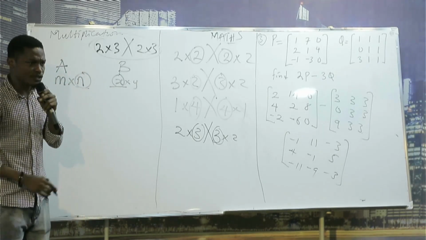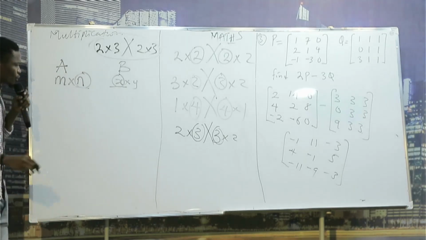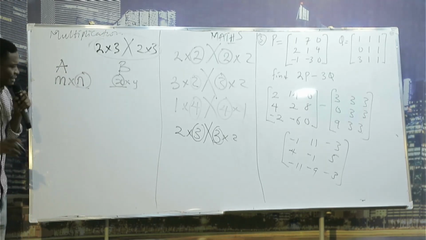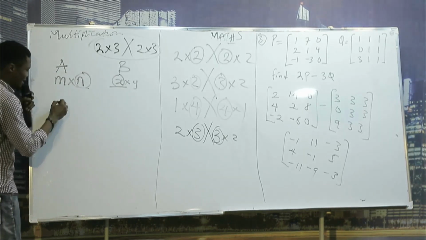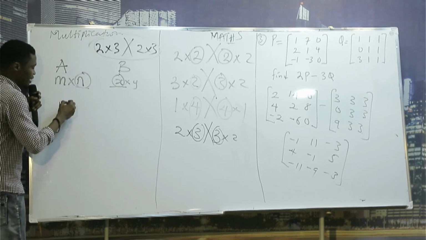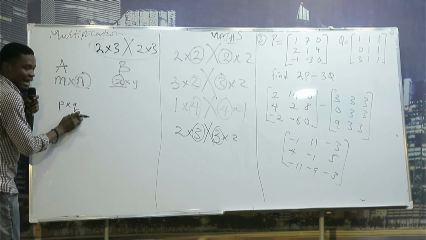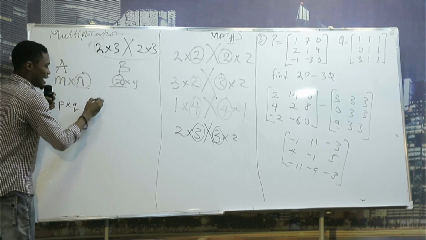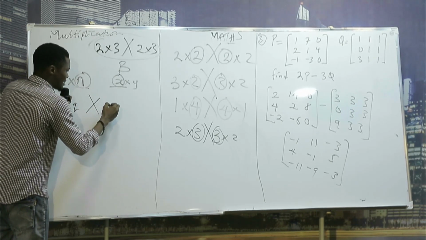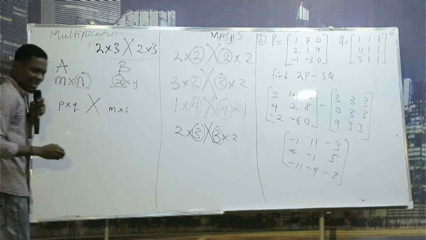I have seen a JAMB question, I think in 2019 or so, where they said, two matrices, the first one has an order P by Q. The second one has an order, I think M by S, something like this.